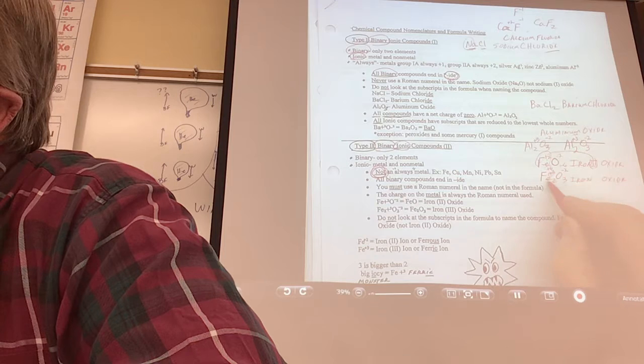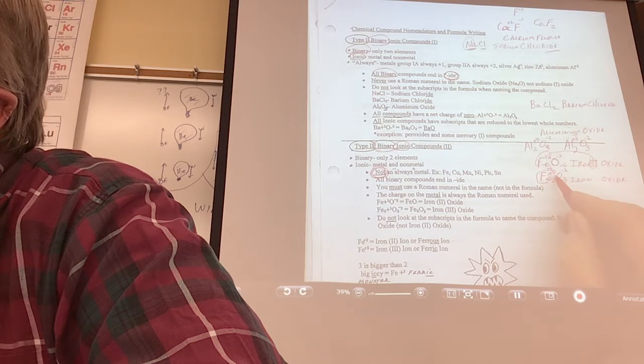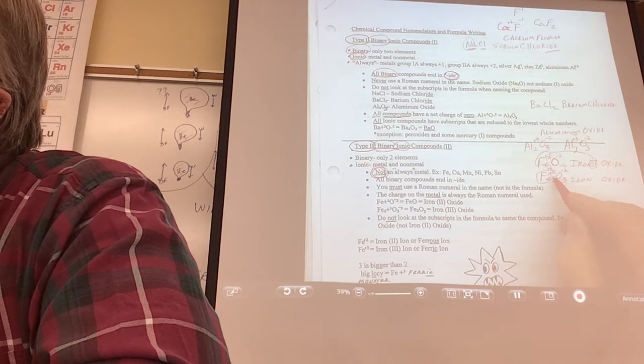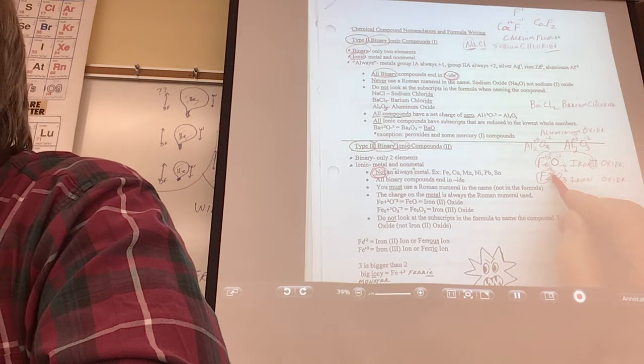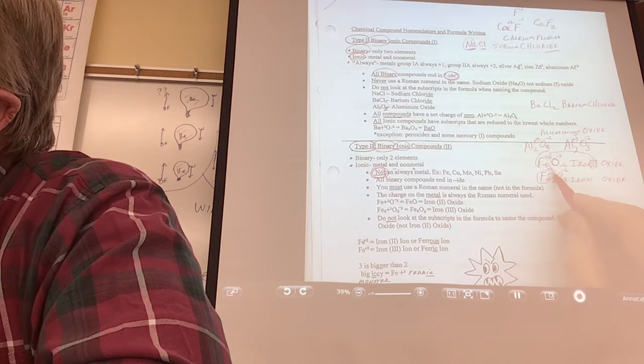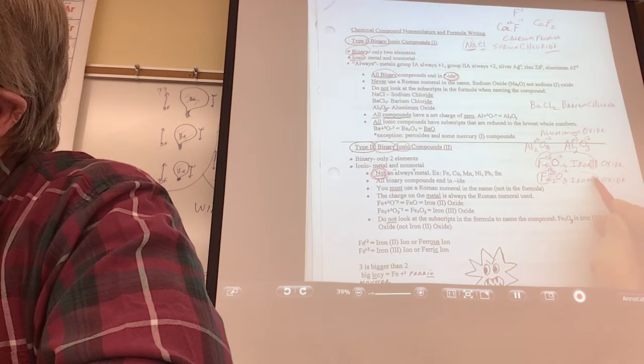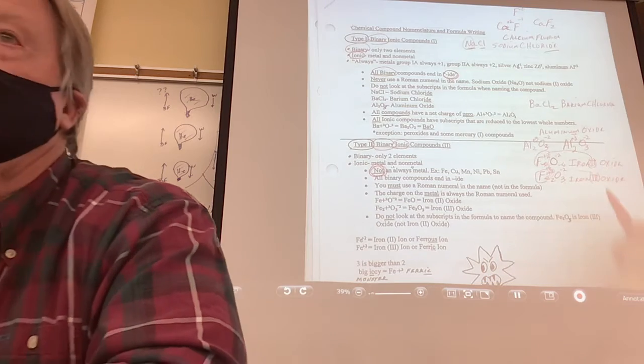Ah, so what is the charge on each metal? What's the charge on the iron? 2 times +3, right? So what's the charge on the iron? 3. So what do I do? I put Roman numeral 3. What do you think about that?